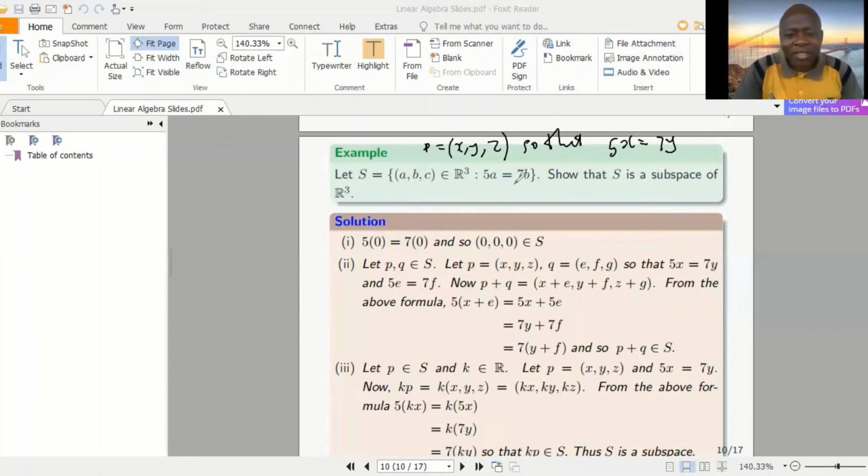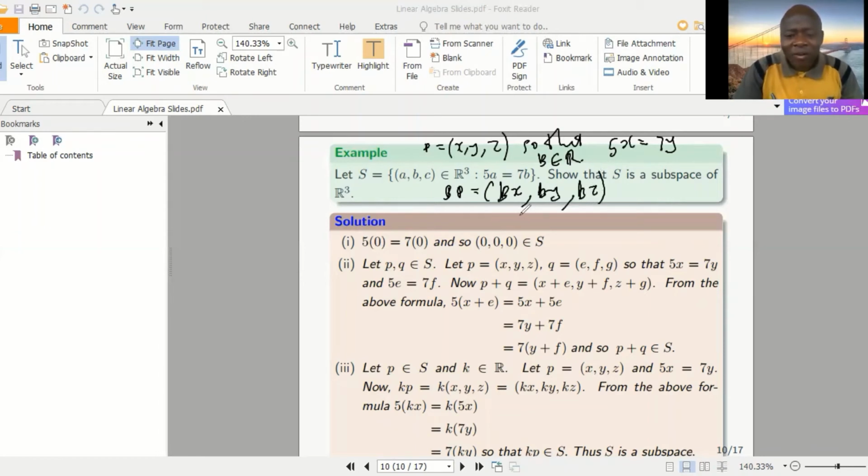That is very important because that's the condition given to us. I also want to choose a scalar, beta, in R. Let me get the product beta P. And when I get the product, I'll get beta x, beta y, beta z.